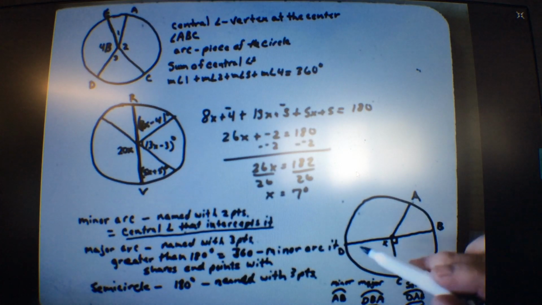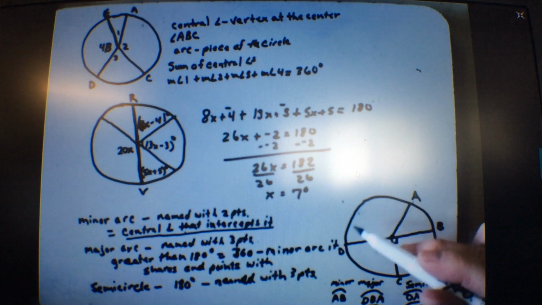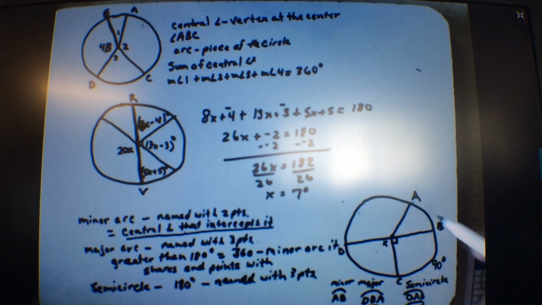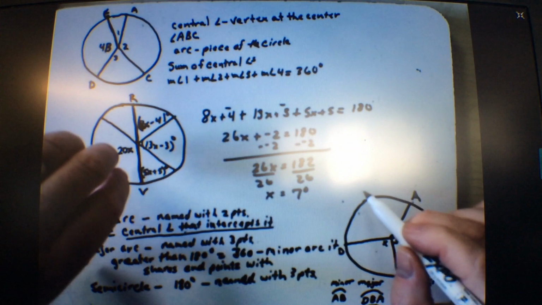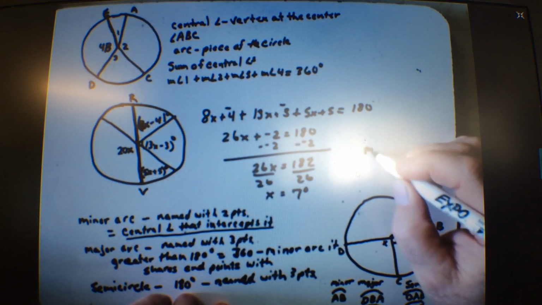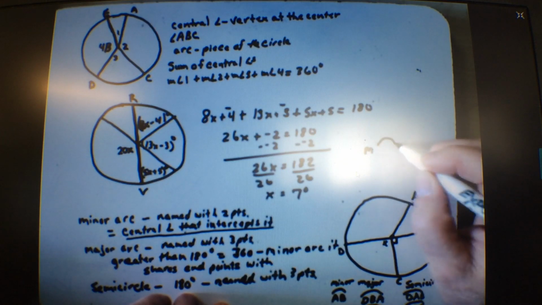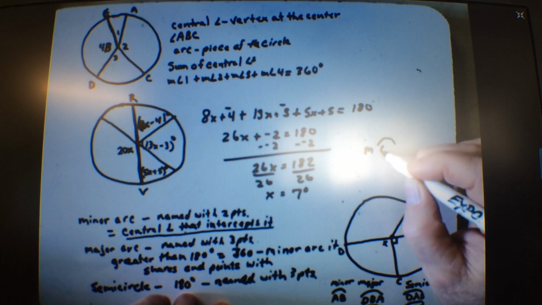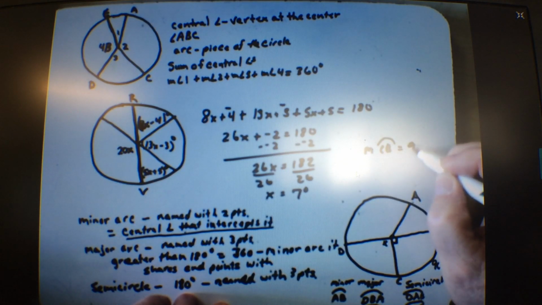Let's take a look at CDB. CDB is this one right here. How big is CDB? 360 minus 90, which is 270 degrees. Okay, so I could say the measurement of arc CB equals 90 degrees.